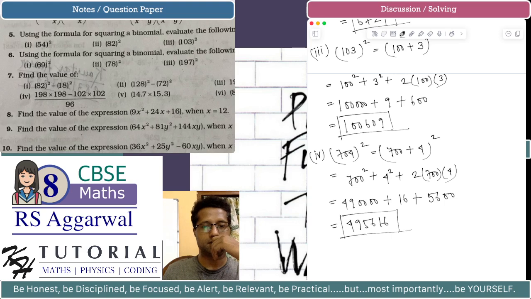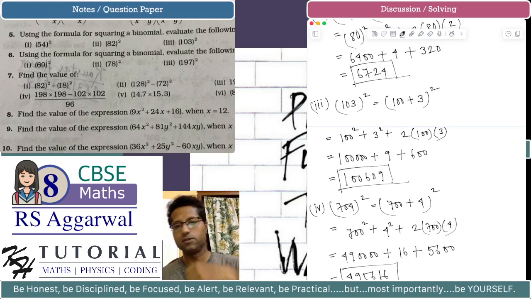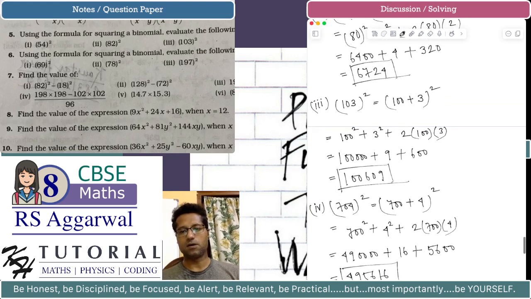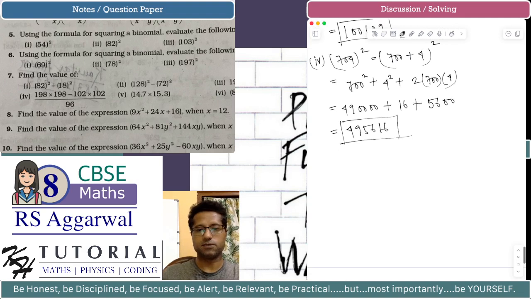Question number 6. So this was all for problem number 5. All the numbers we expressed as a sum of two numbers, so we used the formula a plus b whole square. Now for problem number 6, all the numbers it will be convenient to express in the form a minus b. So problem number 6, part 1, the number is 69 square.